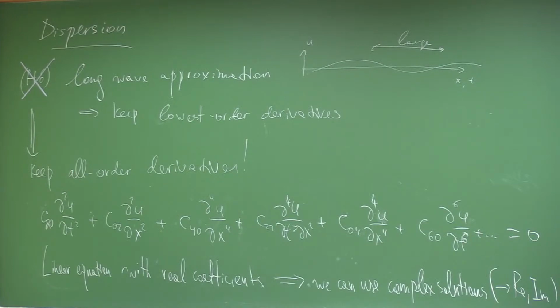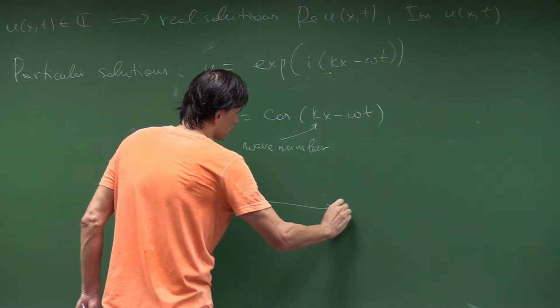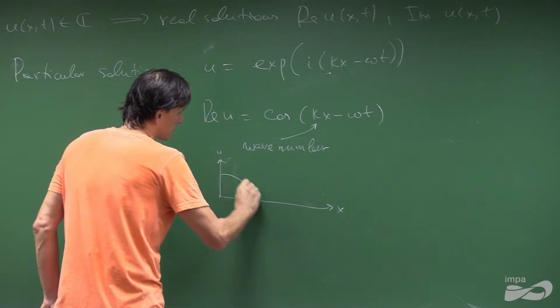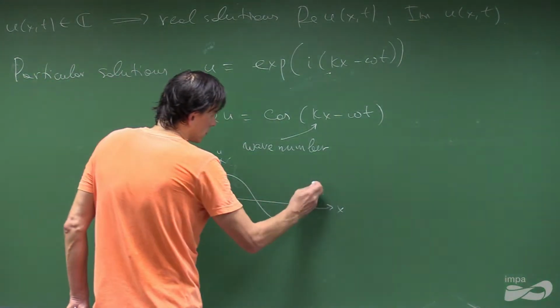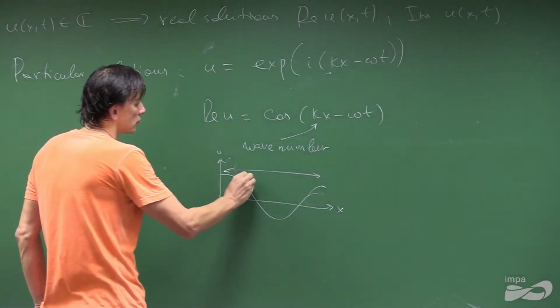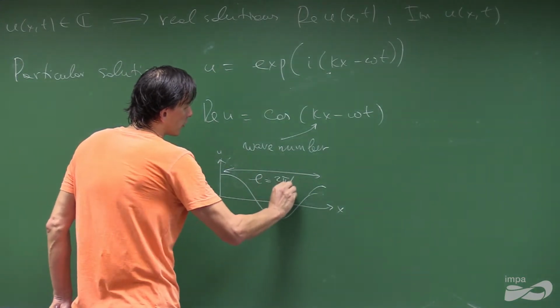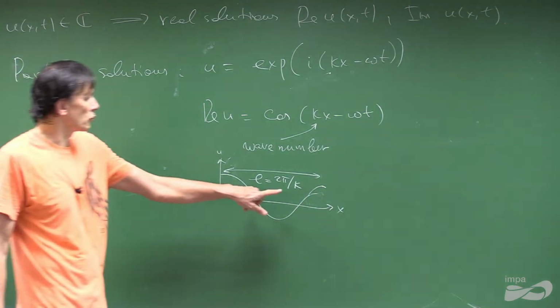If you consider u as a function of x, you know that the wavelength is 2π over k. So the wave number gives you the wavelength.